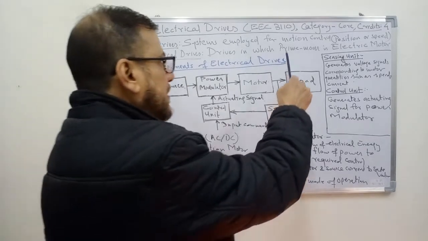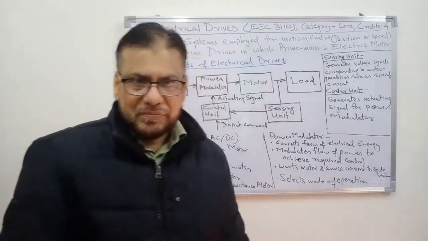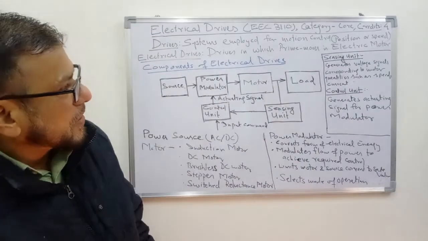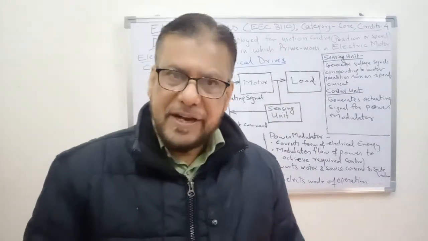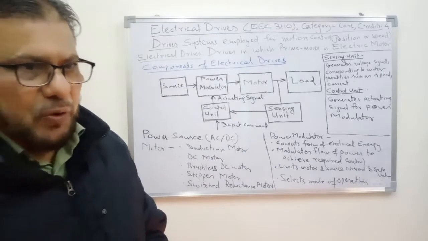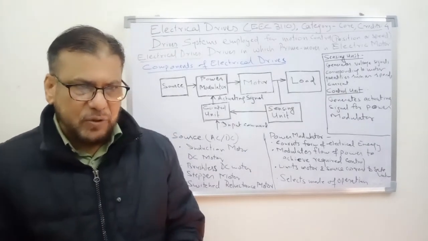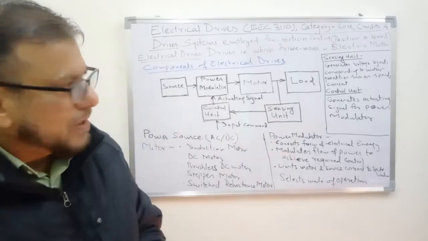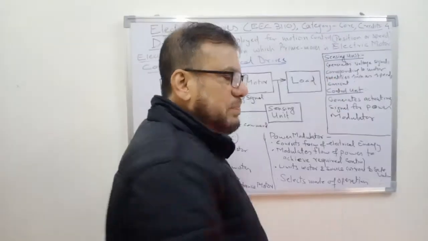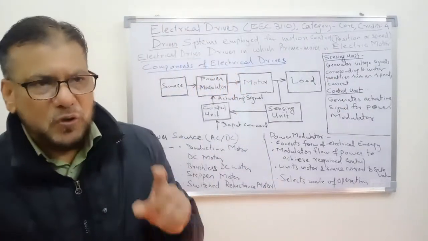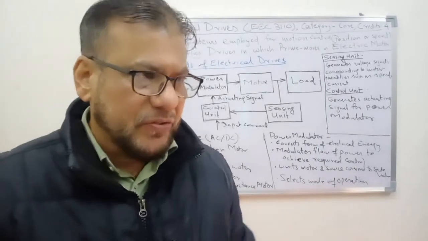Motion control is a common term. It includes position control and speed control. Position control means you have to move some object from one position to other position. And speed control means that you have to move the load at various speeds.